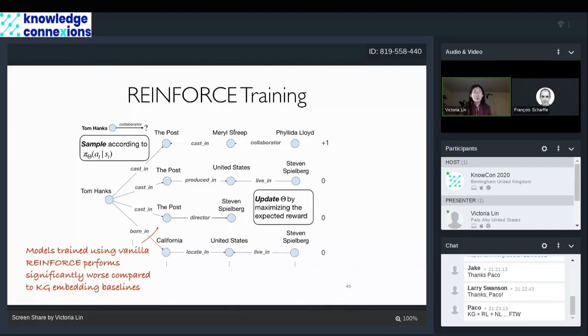Also, it is able to produce the answer and the inference path at the same time. So it is a very powerful framework. But because of the challenge of learning both the inference path and the target entity at the same time, the framework is not trivial to train. So we want to examine what the challenges in training this framework are, how we could overcome those challenges, and make it better.